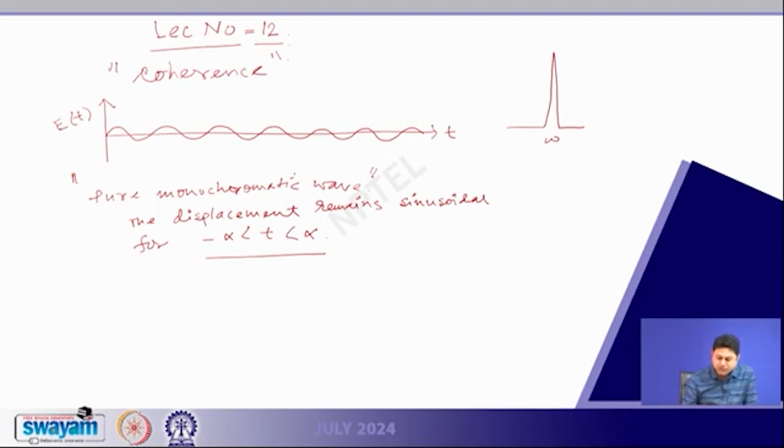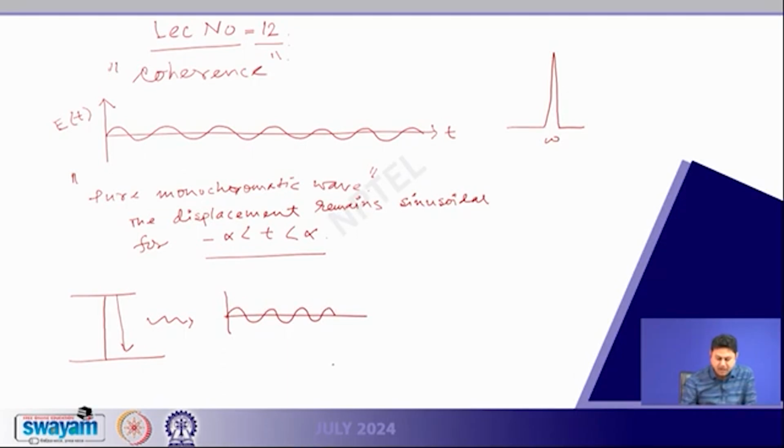However, an actual source is not like this. In an actual source we don't have one very specific frequency, rather we have a frequency distribution. The electron goes to a higher energy state and then goes back to a lower energy state, and it emits some light. The light it emits has a sinusoidal structure.